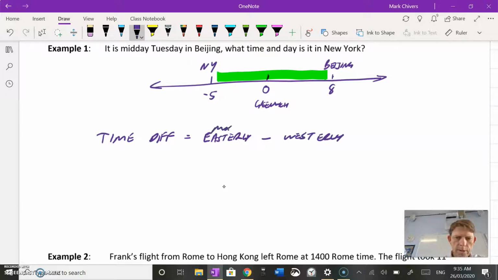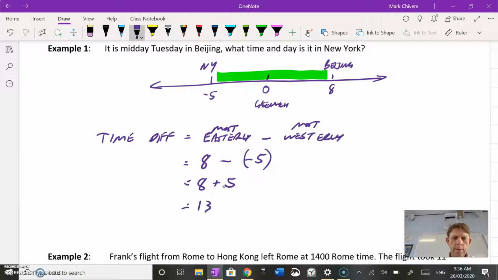I might say most easterly minus most westerly. Okay, so if I do that, the most easterly here is 8, and I'm taking away -5, which is our most westerly. And of course, if I take away a negative, I end up actually making that a positive. So minus a minus becomes a positive, so I get 13 hours.